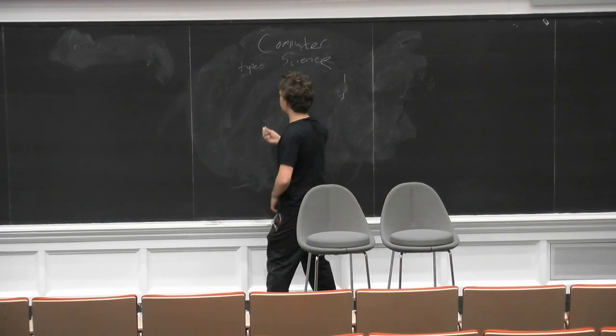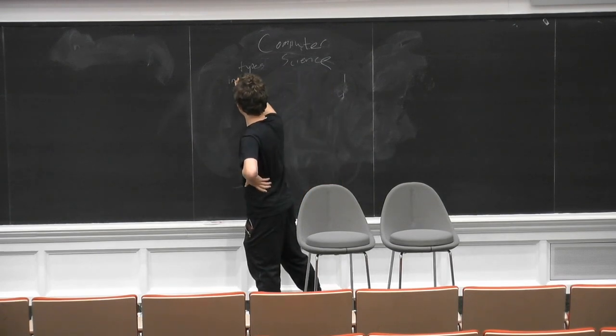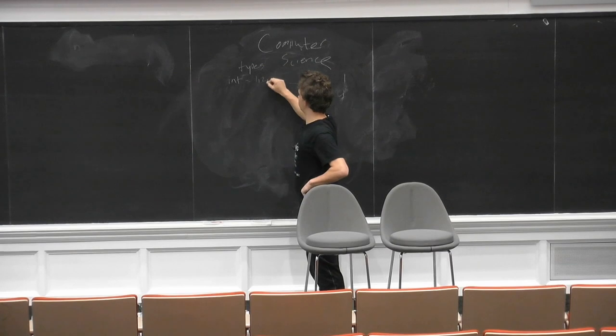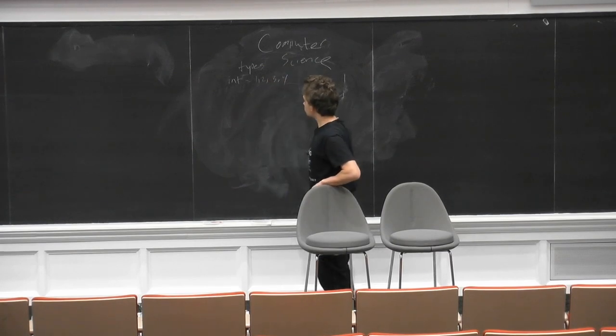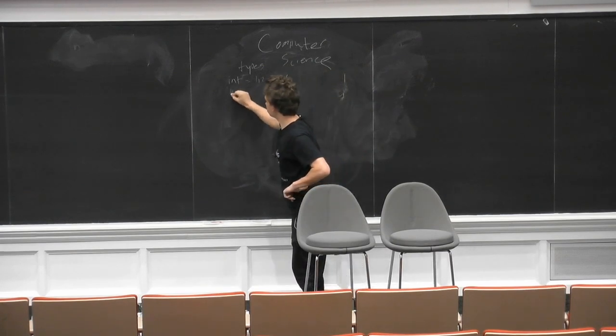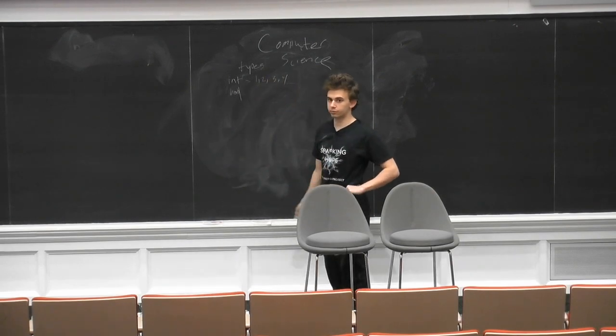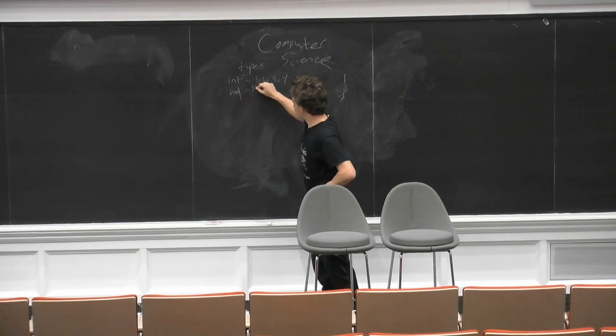So one of the types is an int, which just stands for integer. So an int is just an integer like 1, 2, 3, 4. Then there's a bool, which is a statement of a conditional, which is just true or false. True or false, right?